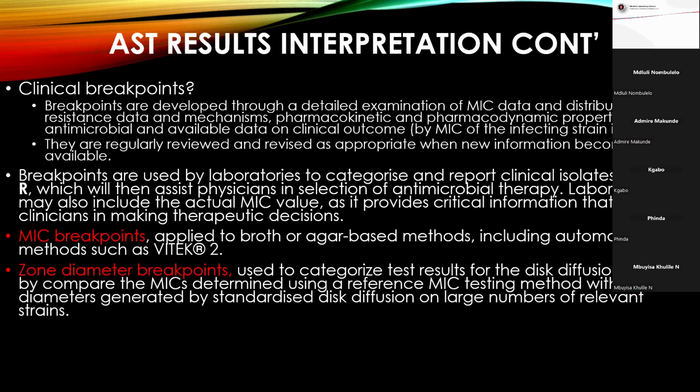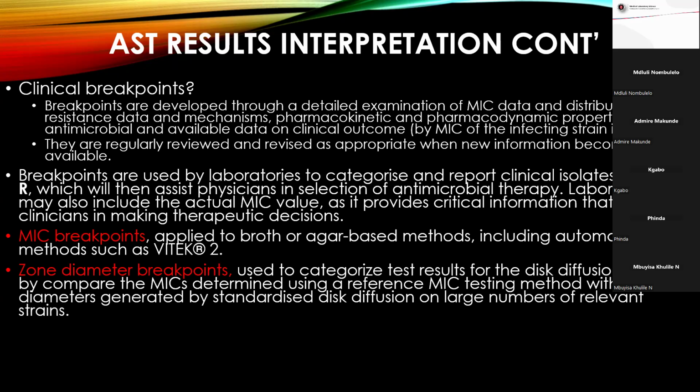The bladder might inhibit certain antibiotics, so the concentration is less than the same antibiotic given to someone with pneumonia. The exposure will be high at a specific time. That's why they have those breaking points. So breaking points are interpretation values which you use, whether to say this is susceptible or it's resistant.